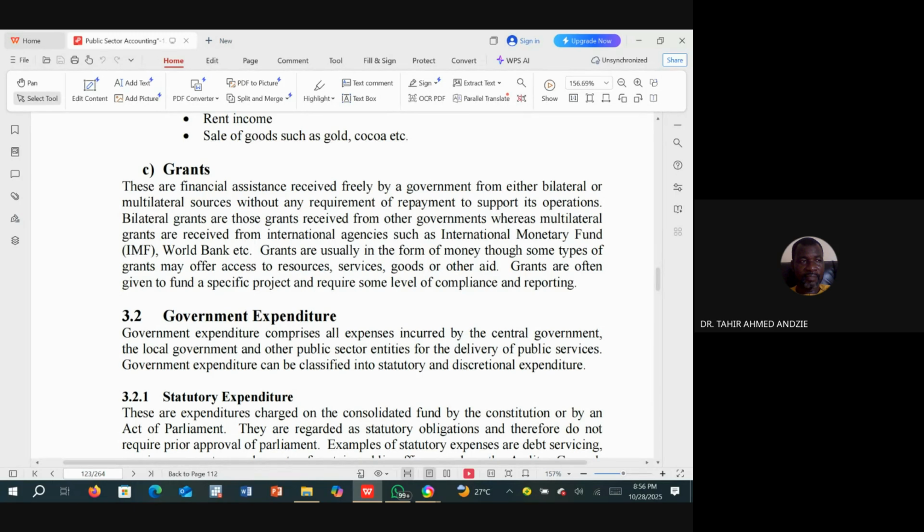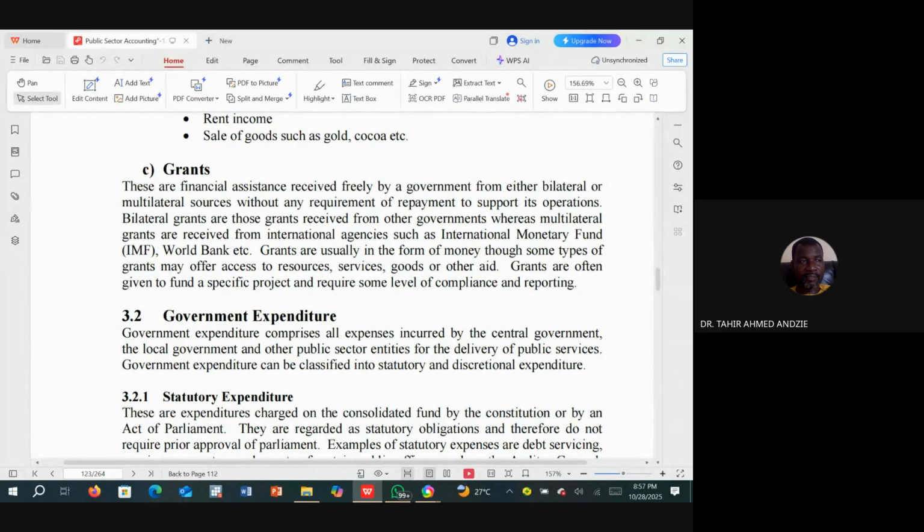So we're saying that these are financial assistance received freely by a government from either bilateral or multilateral sources without any requirement of repayment to support its operations. So if any country supports Ghana by giving us a grant, money without us paying back, that is different from loans. Grants are different from loans.